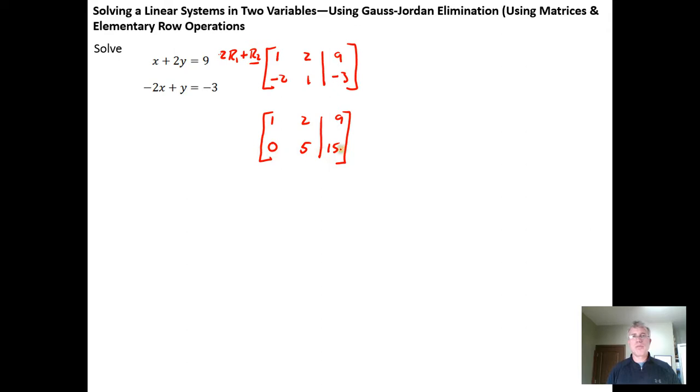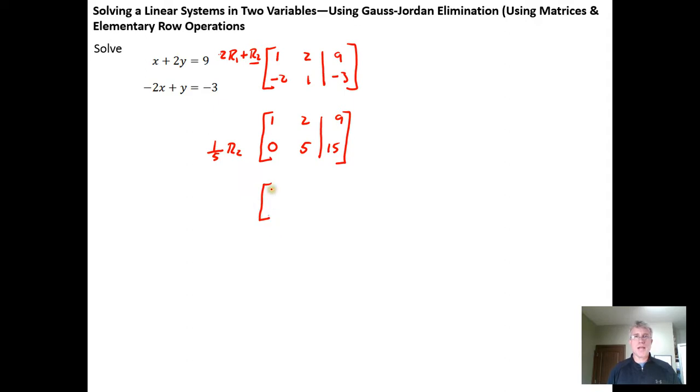Now I look down at row 2, and I know it's not in reduced row echelon form because the first non-zero entry has to be a 1, and right now the first non-zero entry is a 5. So I ask myself, what do I need to do to get a 1 here? Well, I need to multiply row 2 times a fifth and replace row 2 with the result.